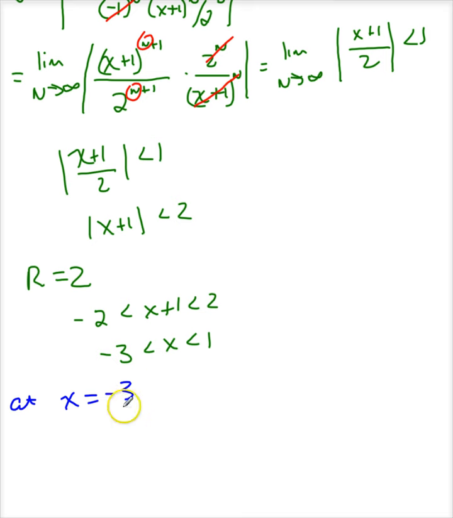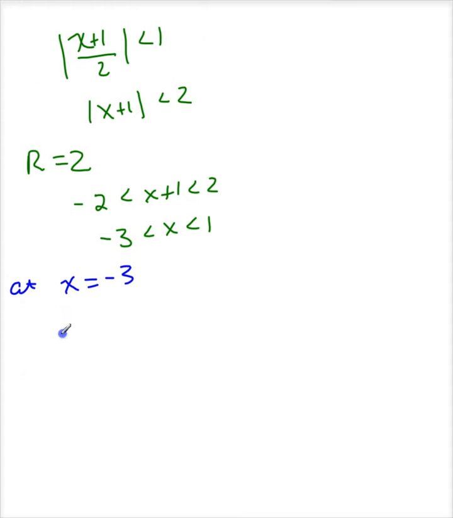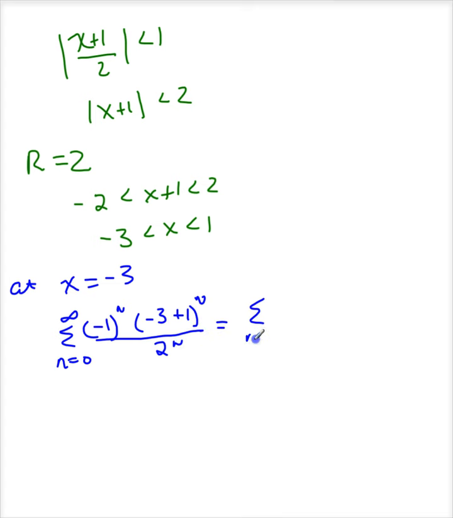Well, I need to go back up. It's the sum, n goes from 0 to infinity, of -1 to the n, -3 plus 1 to the n, divided by 2 to the n. So this is a sum as n goes from 0 to infinity of -1 to the n, and this is -2 to the n, divided by 2 to the n.